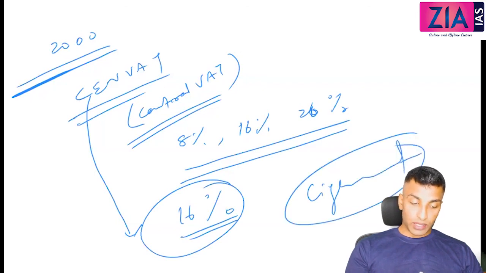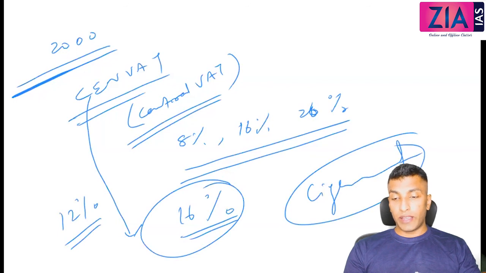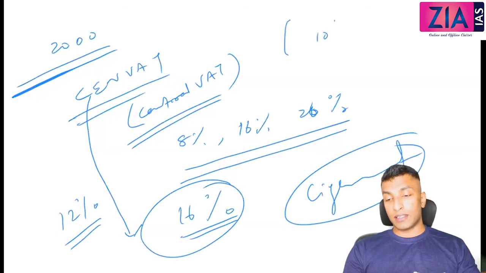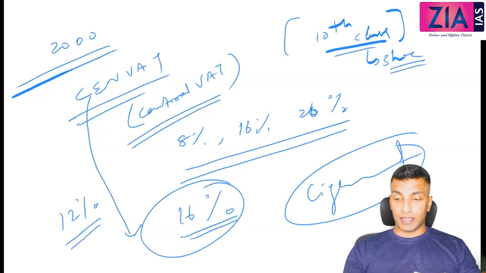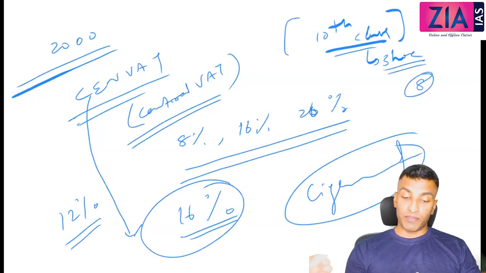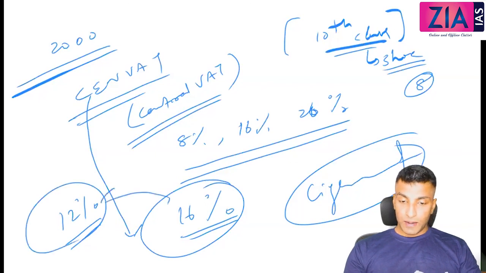And Senvat now is like 12%, and it is also called the modal rate. Modal rate means mode. Mode means a repeated size. For example, in a 10th standard class, the size of the shoe. When I say mode, it will be like 8 inches, something like that. So that is mode, the maximum repeated value. So it was then reduced to 12%.